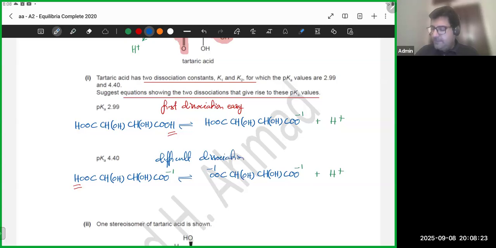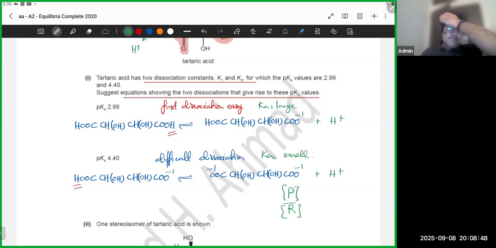So that means the first K is going to have a large value because you're going to get more products, right? So K1 would be large and K2 is going to be small. Because the second dissociation is not going to happen as much, the product to reactant concentration ratio, the equilibrium constant for this one, is going to come out small.